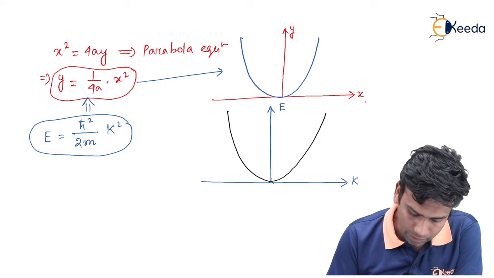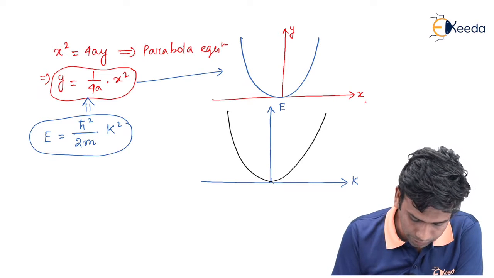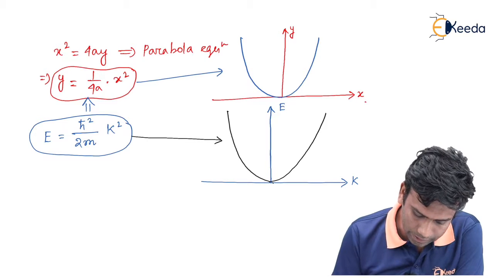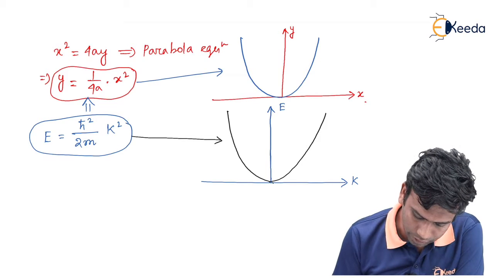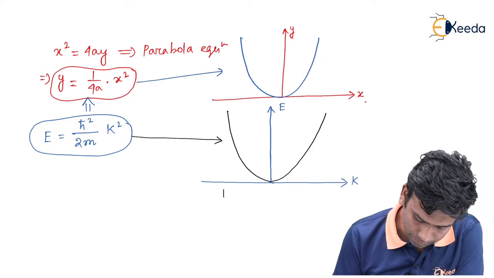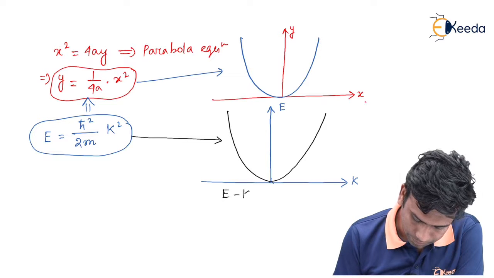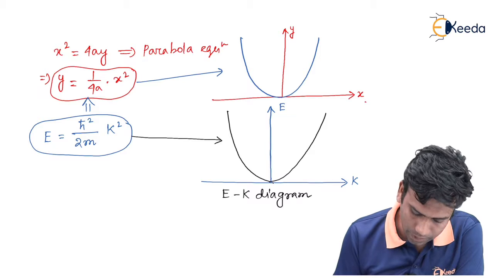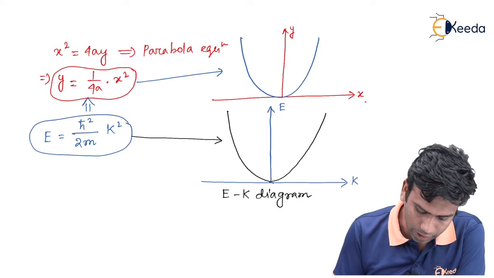So this will be the plot for this given equation, and this graph is called the E-k diagram of the semiconductor.